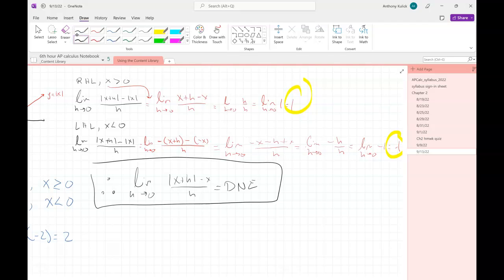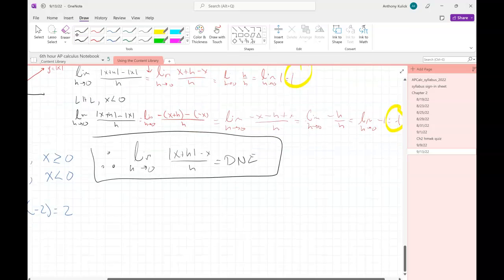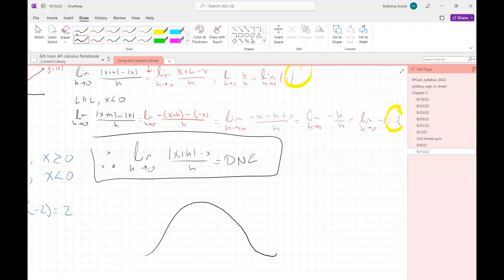So anytime you see a corner in the graph where the slope here is this value and the slope there is that value, the derivative doesn't exist. Keep in mind that something like this is fine, right? Because it's not a sharp corner. If you draw the tangent here, both from the right and from the left, the slopes are going to 0, right? Because we're getting less and less steep as we move along.